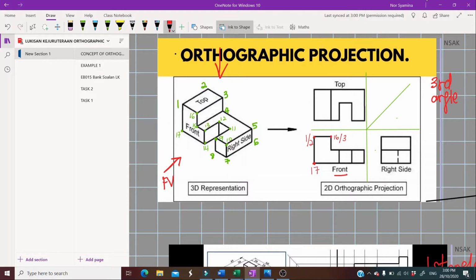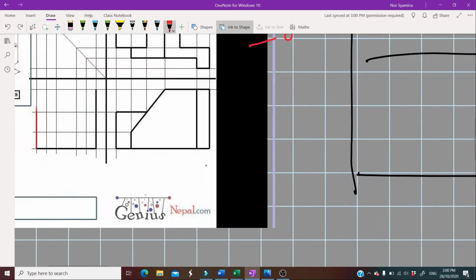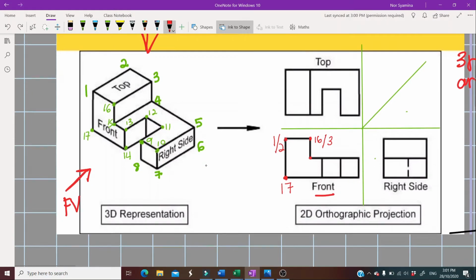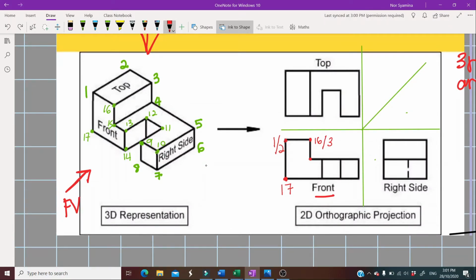So if you go here, we're looking for front view. After 16, we go down, we can see point 15. This would be point 15. Oh, I need to make it bigger for you so that you'll be able to see. Okay, now maybe you'll be able to see it better. So from 16 is 15 here. I can see 15 and 4 are on the same line, so you can stroke 15, stroke 4.